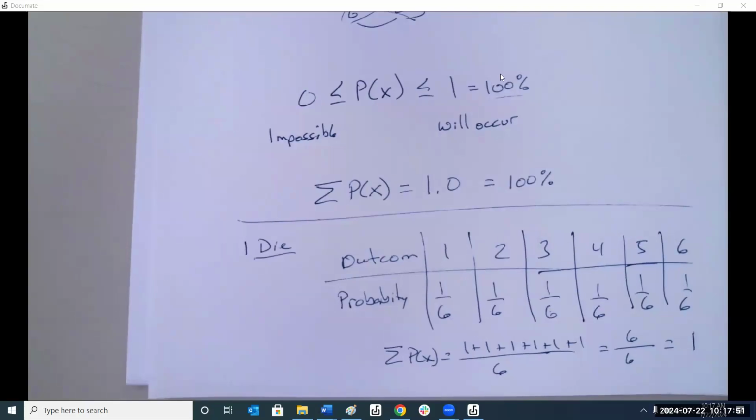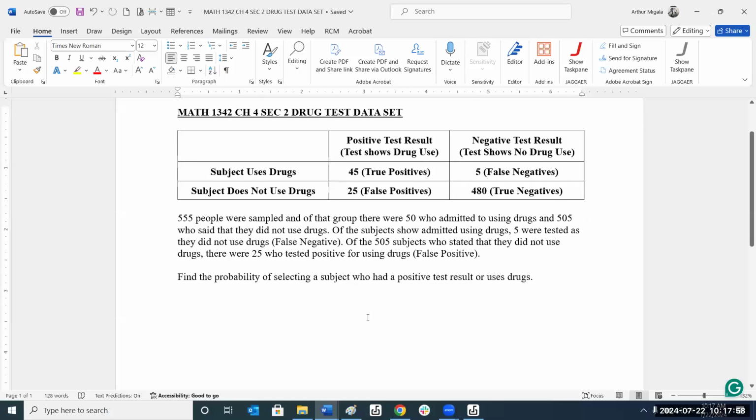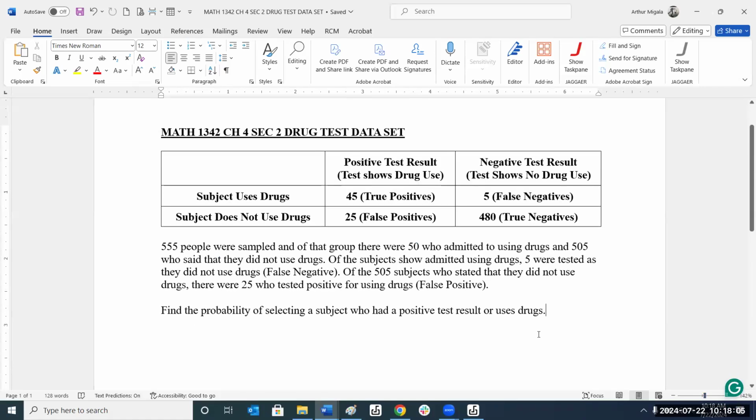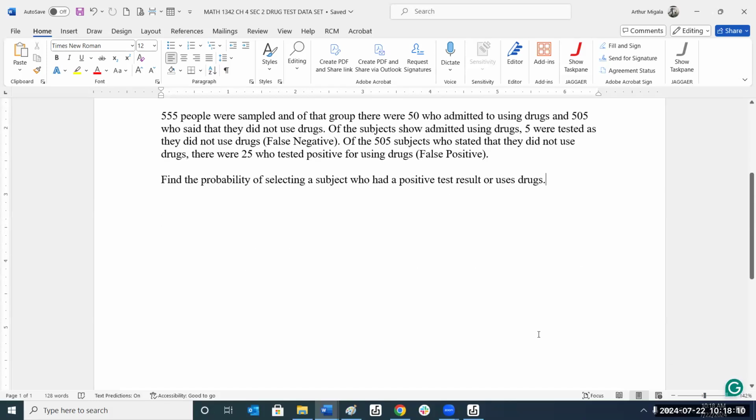Let's take another example using words. Here is our example. It says 555 people were sampled. Of that group, 50 of them admitted to using drugs and 505 said that they did not use drugs.